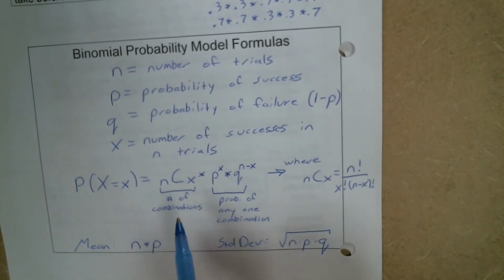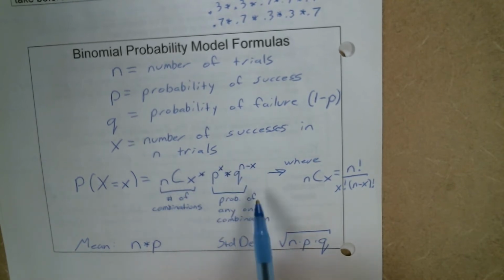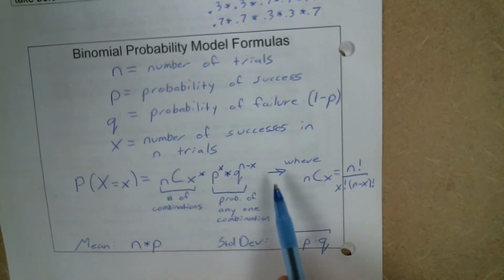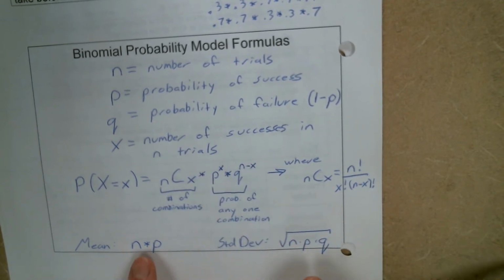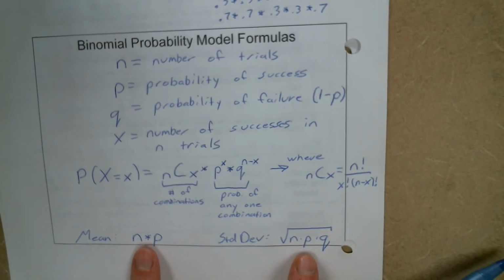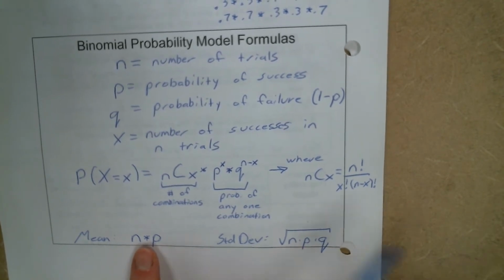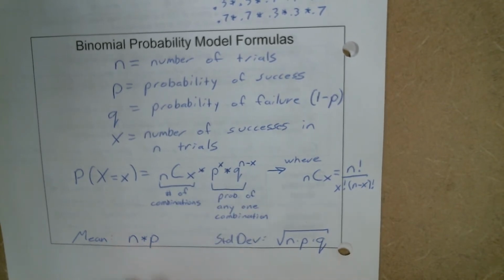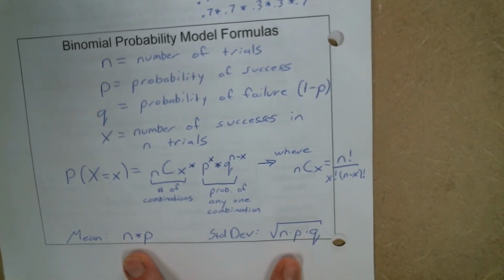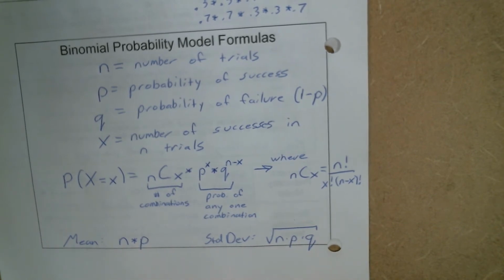All right, so this formula, we're actually going to end up doing a lot of this on the calculator, but this is explaining what the calculator does. So you're not actually going to need to memorize this formula. You are going to need to remember both of these pieces here. This we're just going to use at the very start to visually show you what's actually happening. These you need to know and commit to memory.